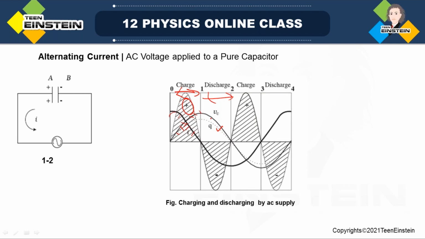VC also decreases, and the current also decreases. So in this region, voltage is positive, whereas your current is negative. Okay, so if current and voltage are in opposite polarity, the power is negative.